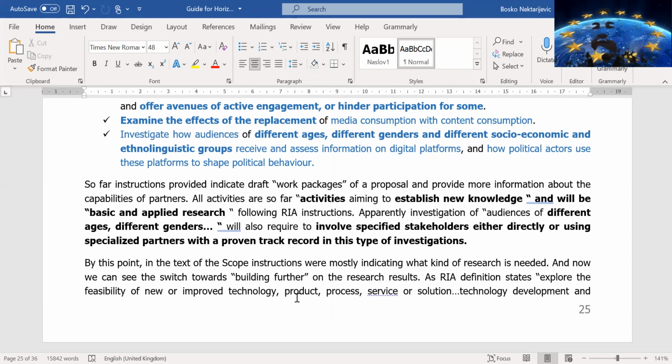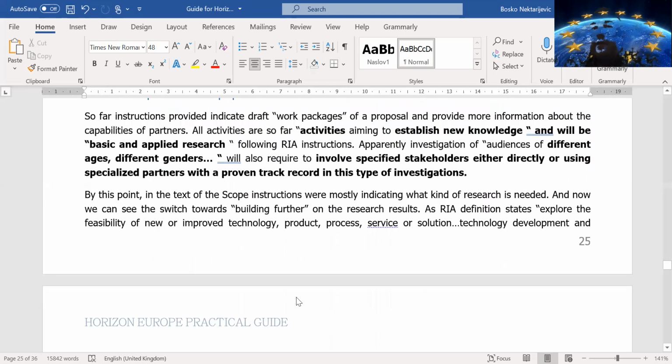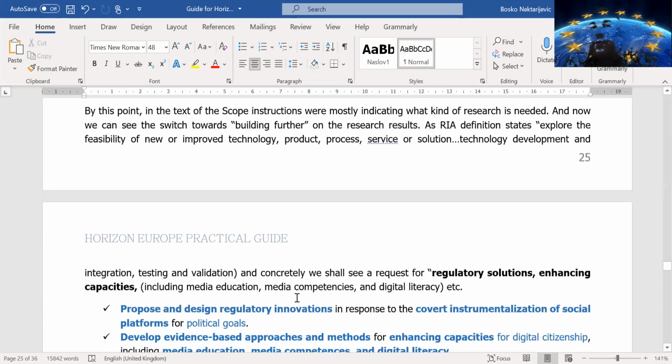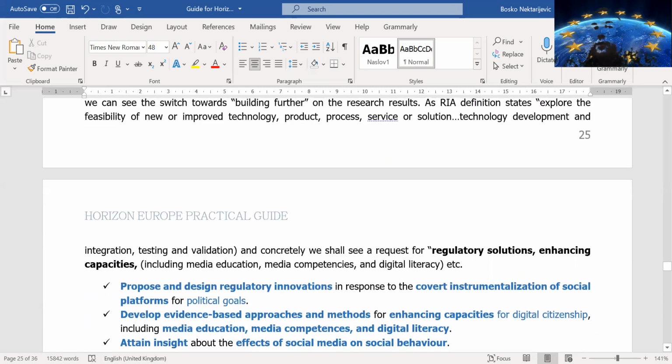Now, following those instructions, we are probably going to see the next step, which will build further on these types of activities. So RIAs also state: explore the feasibility of new or improved technology, product processes, services, solutions, and so on.